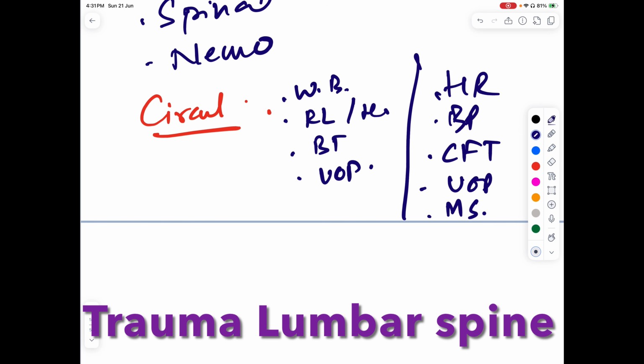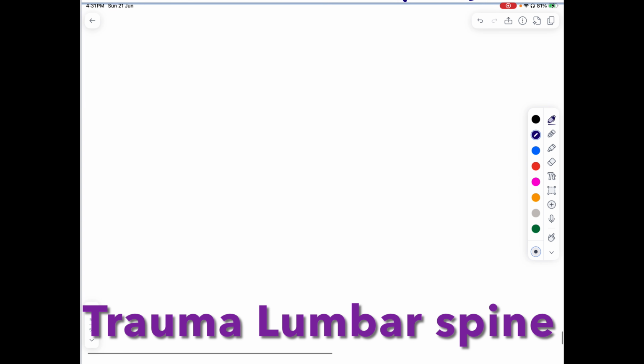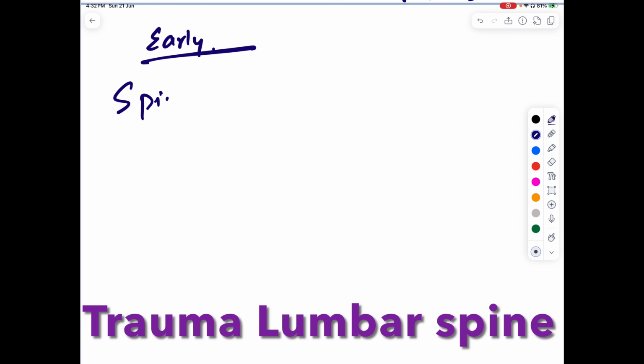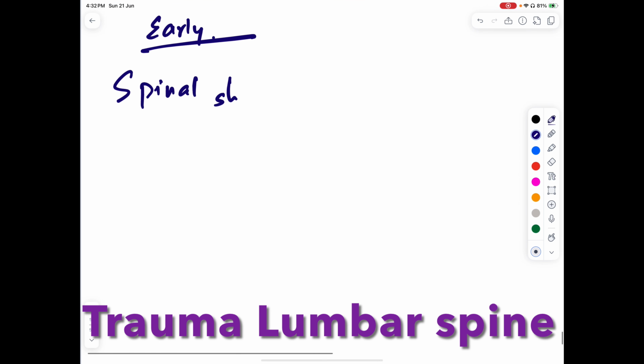So what are the complications associated with spinal cord injury? Early, you can find spinal shock. This is a very common thing. What happens in spinal shock? Temporary loss of reflexes below the level of injury.